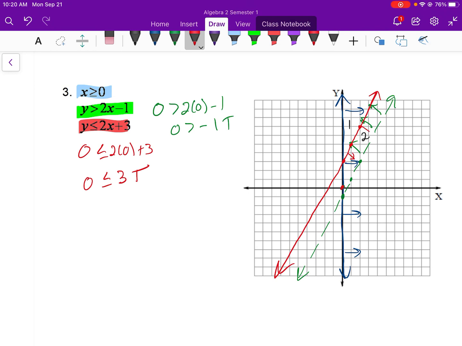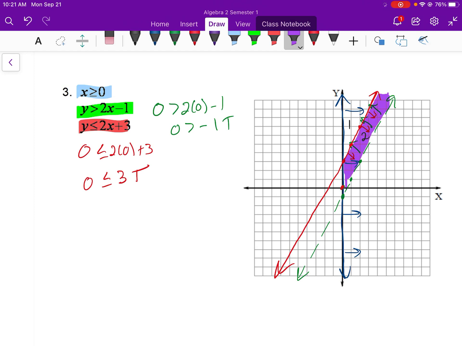So we want to be below. Where I'm seeing the blue, the red, and the green overlap is this area here, and that is where we will find solutions to our system of inequalities.